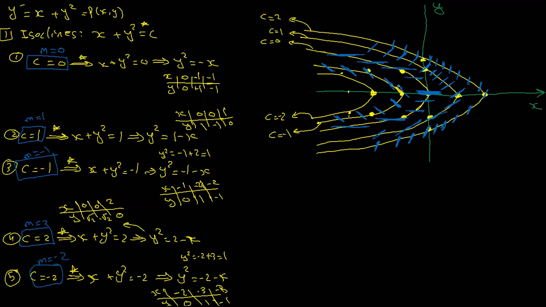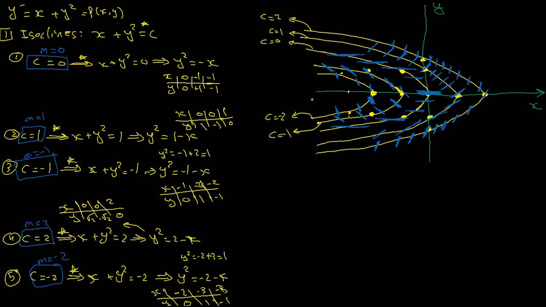And -2 slope is more vertical than this, so it will be like this. It isn't parallel to the y-axis, but it is more vertical than this. Okay? Any question about how to draw the isoclines and how to draw the slope fields? I think it's easy.